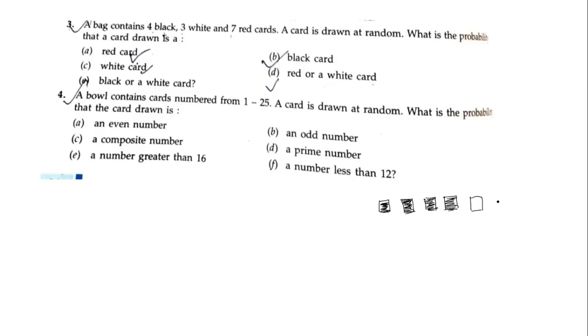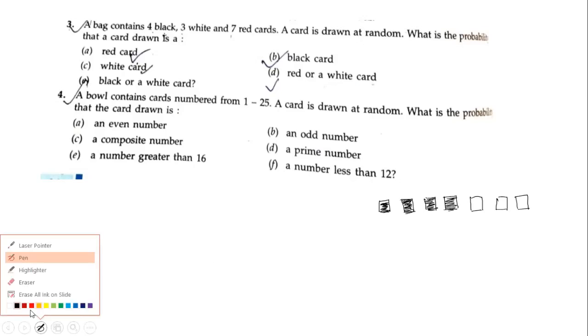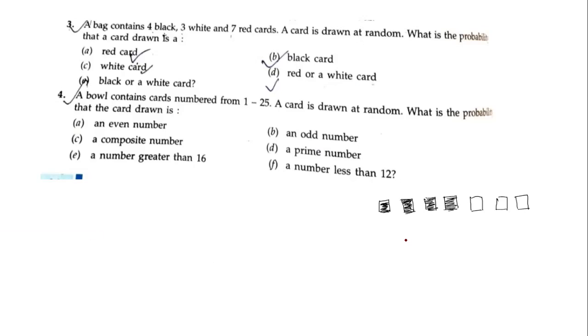White cards, 3 white cards and 7 red cards. 7 red cards. 1, 2, 3, 4, 5, 6, 7.